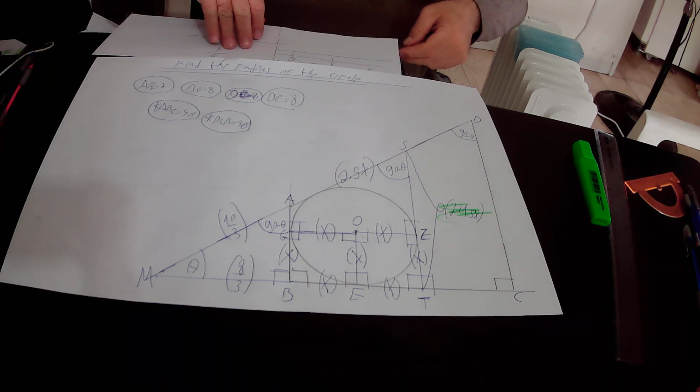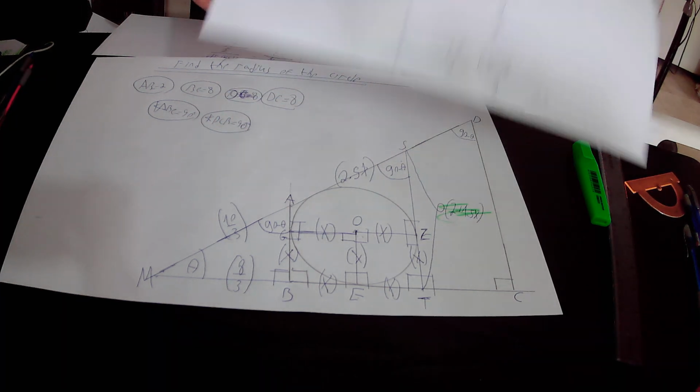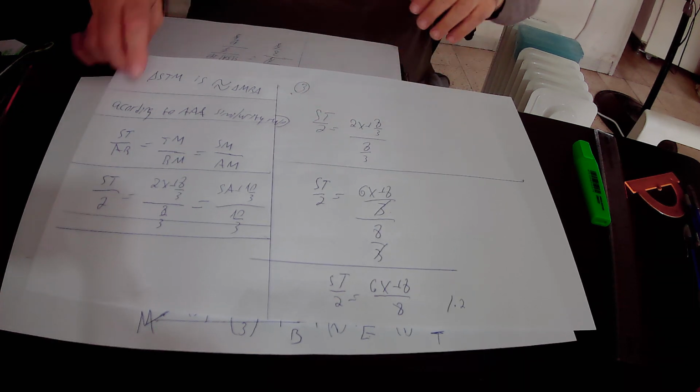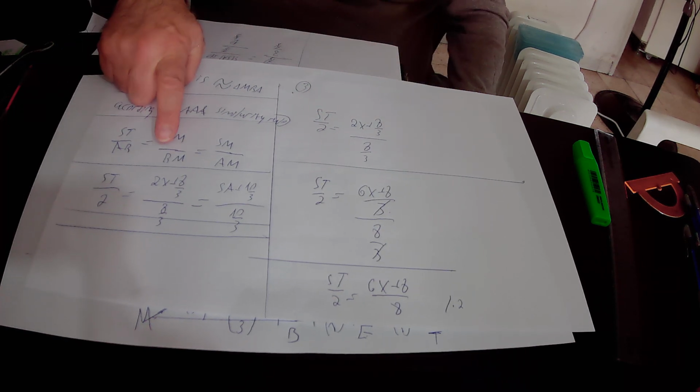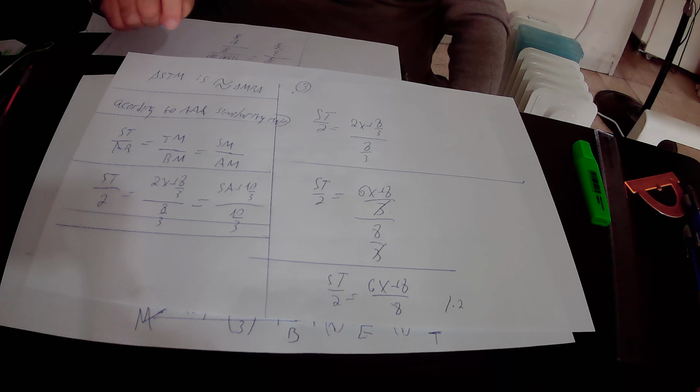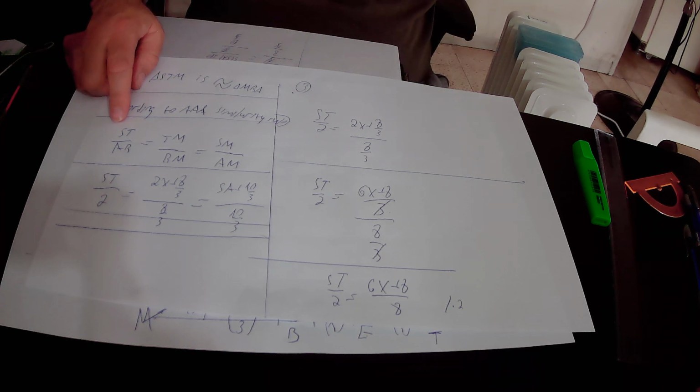I'll repeat again. We will derive that ST over AB equals TM over BM equals SM over AM. ST is the missing side, so we leave it as it is.